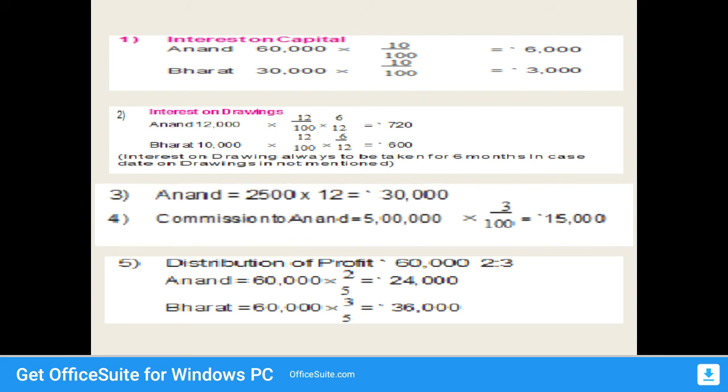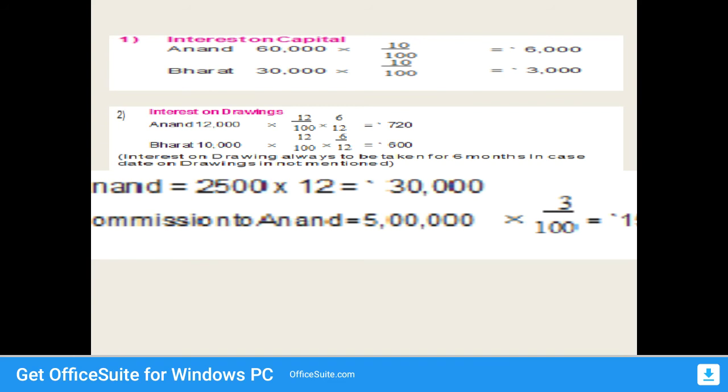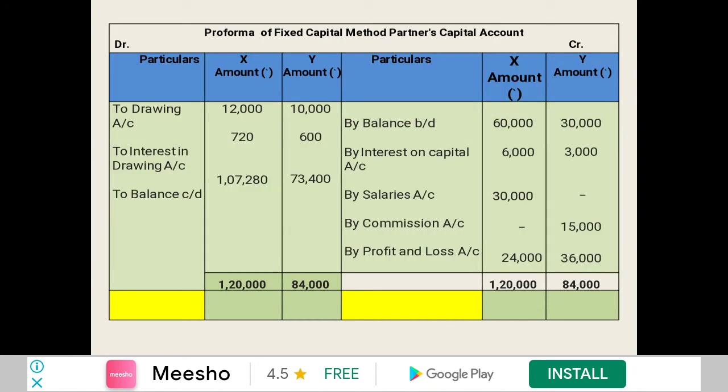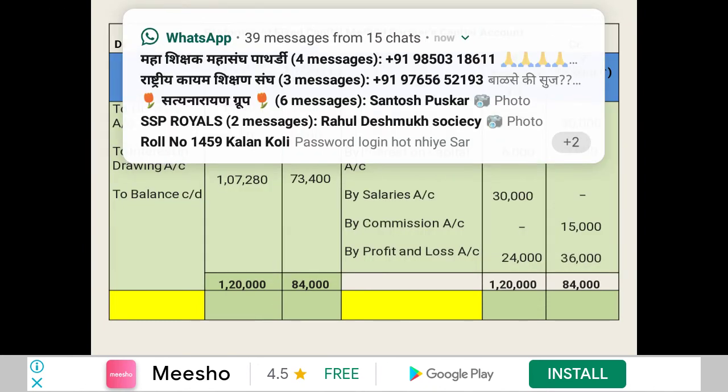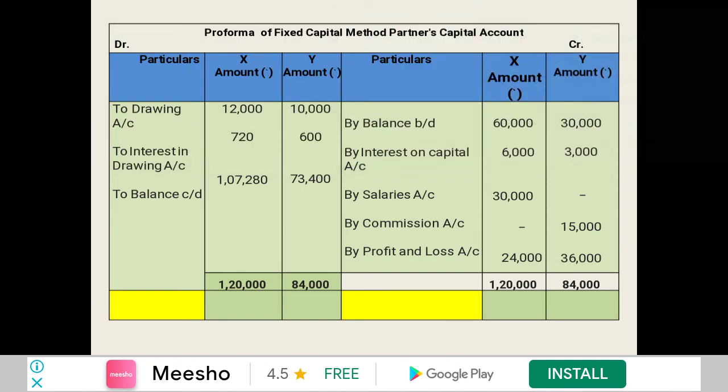So these are the adjustments given in the working notes. Then prepare the fluctuating capital method account, using the balance brought down 60,000, 30,000, interest on capital 6,000, 3,000, salary 30,000, commission 15,000, and profit 24,000, 36,000.